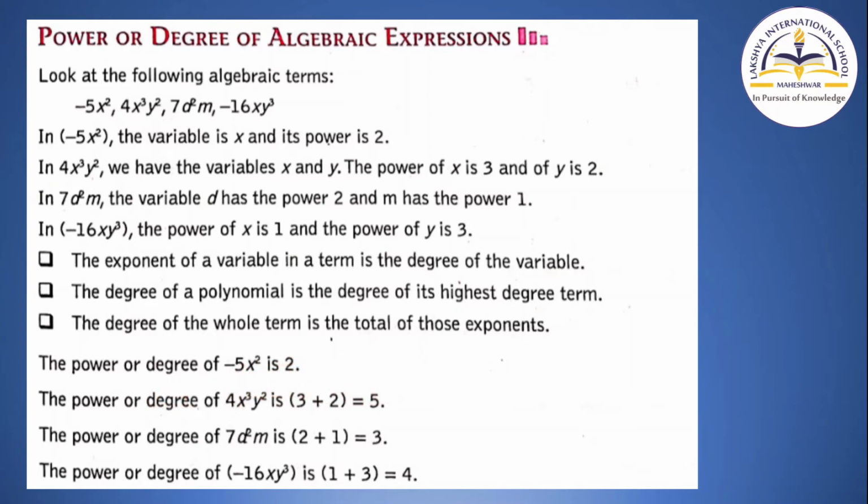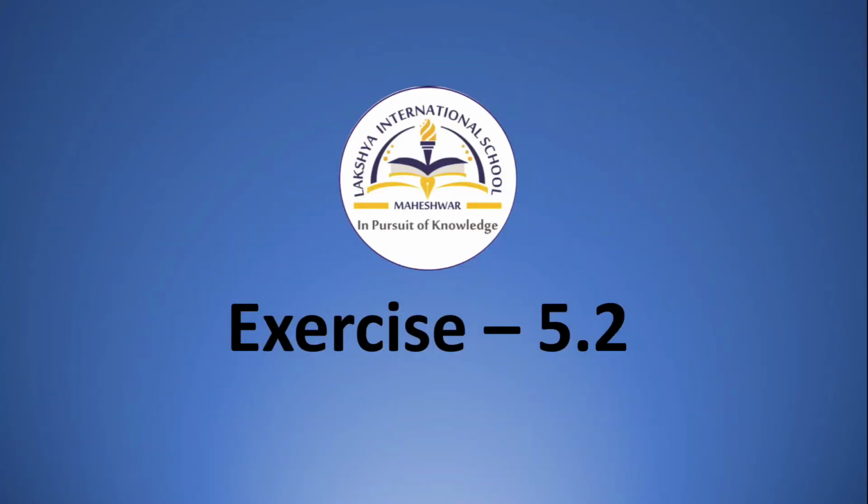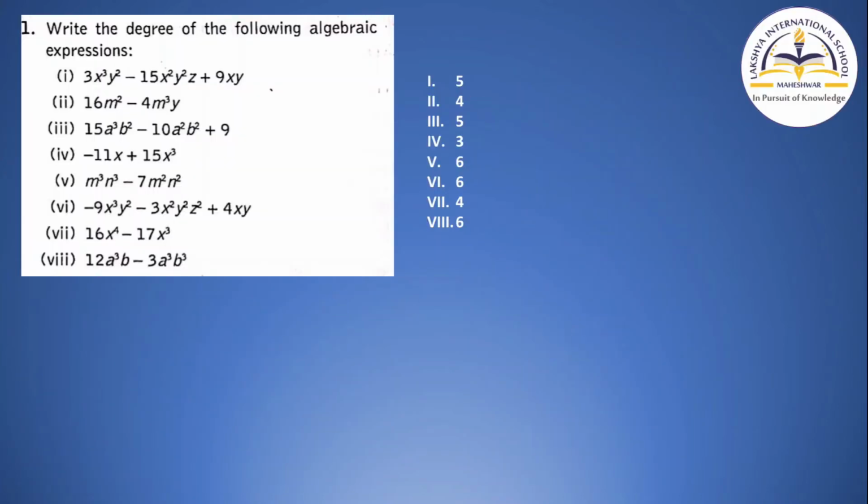Now next question, d square m. So d has 2 and m has 1. So 2 plus 1 is 3. Now the power or degree of minus 11x y cube. So 3 plus 1 equals 4. Now on the basis of this we will solve exercise 5.2. Question number 1, write the degree of the following algebraic expressions.